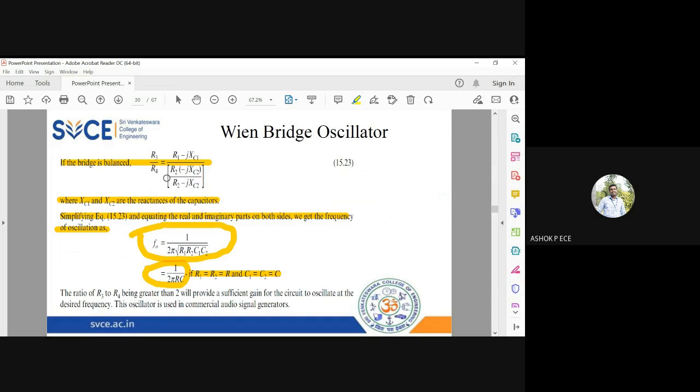We will find that at the frequency of oscillation, R3 by R4 will be greater than 2. This will be very helpful in providing sufficiently high gain for the circuit to oscillate. And the Wien bridge oscillator is a low frequency oscillator, so it is used in commercial audio signal generation.